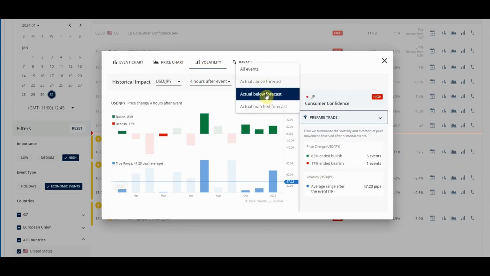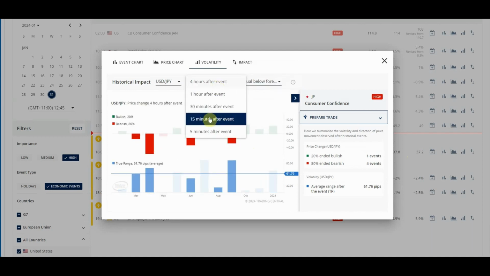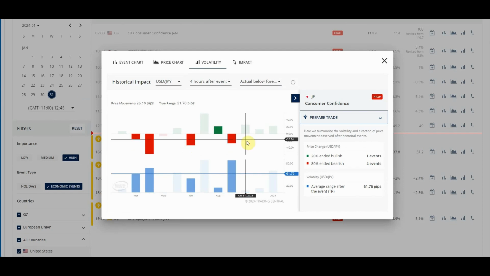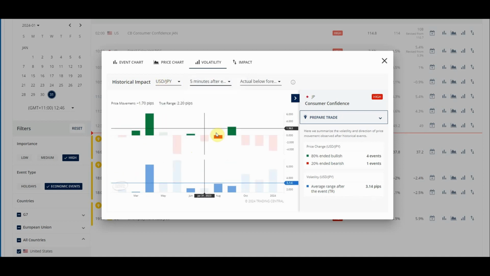On the flip side, actual below forecast, we can see here that after 4 hours we're looking for mostly shorts. So it goes down, the US yen actually decreases, but we also want to check what happened in the first 5 minutes.